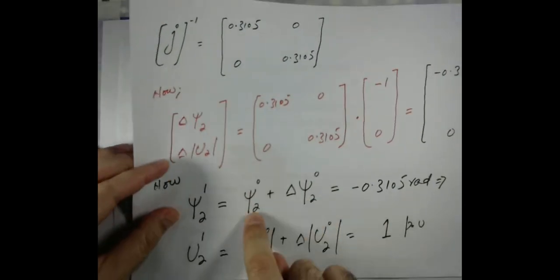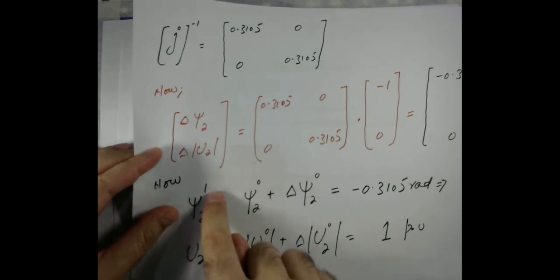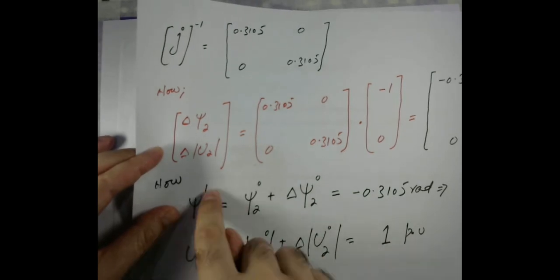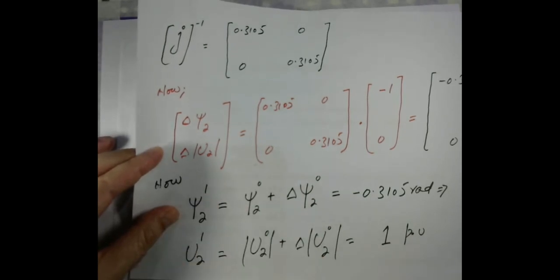Once we determined the error, we added that error to the guess to get the value for the next step, and we used these values for the next step and did all the calculations.